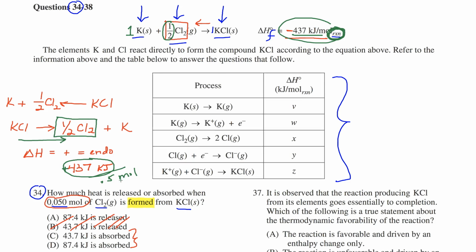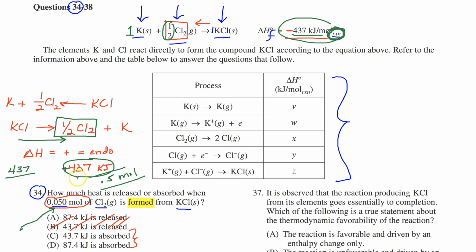Now they don't want 0.5, they want 0.05. Oh my gosh, I don't have a decimal place, but 0.05 as compared to 0.5, which is 1/2, is only one more decimal place. So I'm going to divide essentially 437 not by 1/2 but by 0.05.